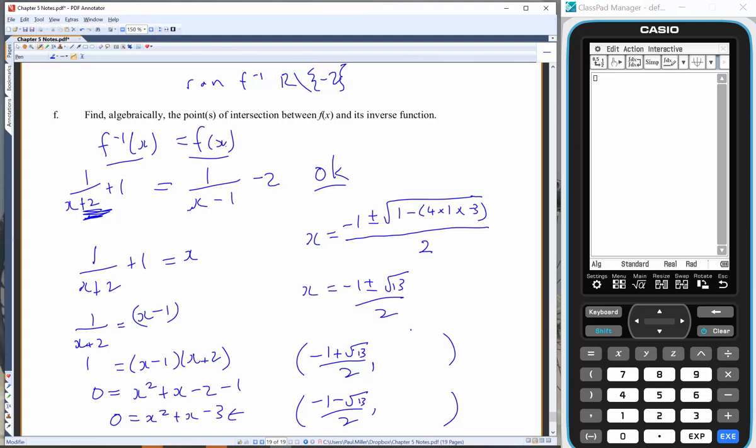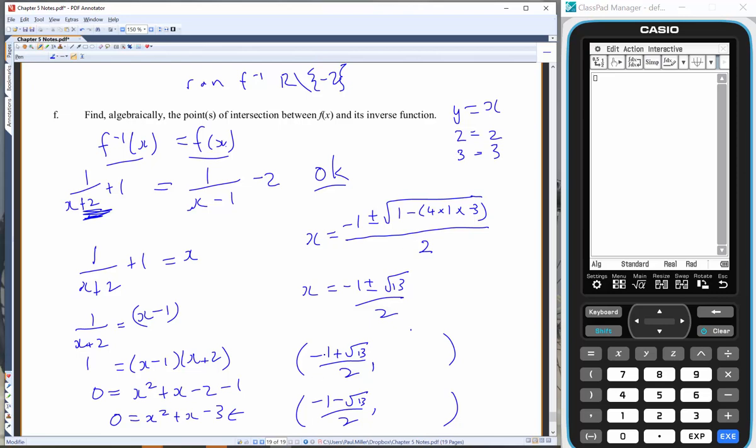Remember, a function will only intersect its inverse function along the line y equals x. Now, what's unique about the function y equals x? It means that for every x value you feed it, y is going to be exactly the same. So if x is 2, it won't surprise you that y will be 2. If y is 3, x will be 3.